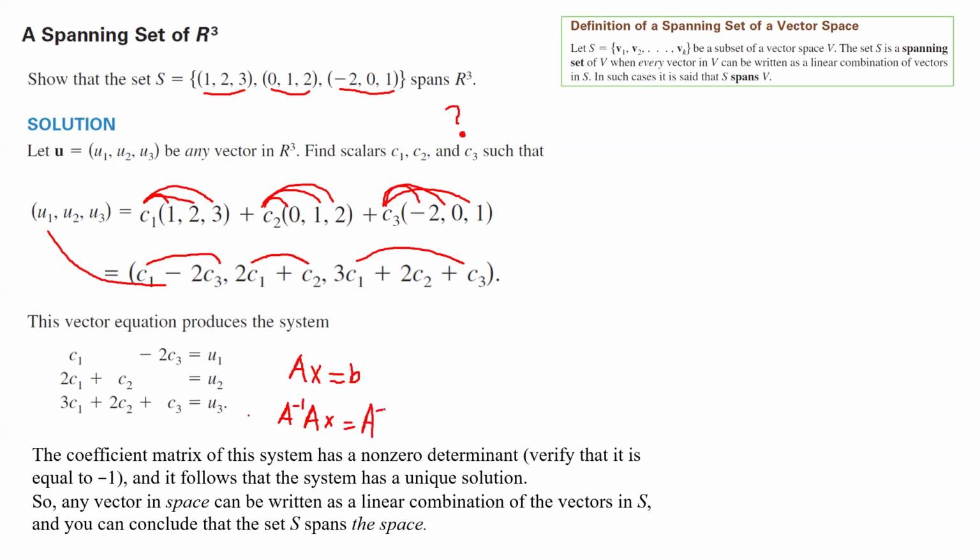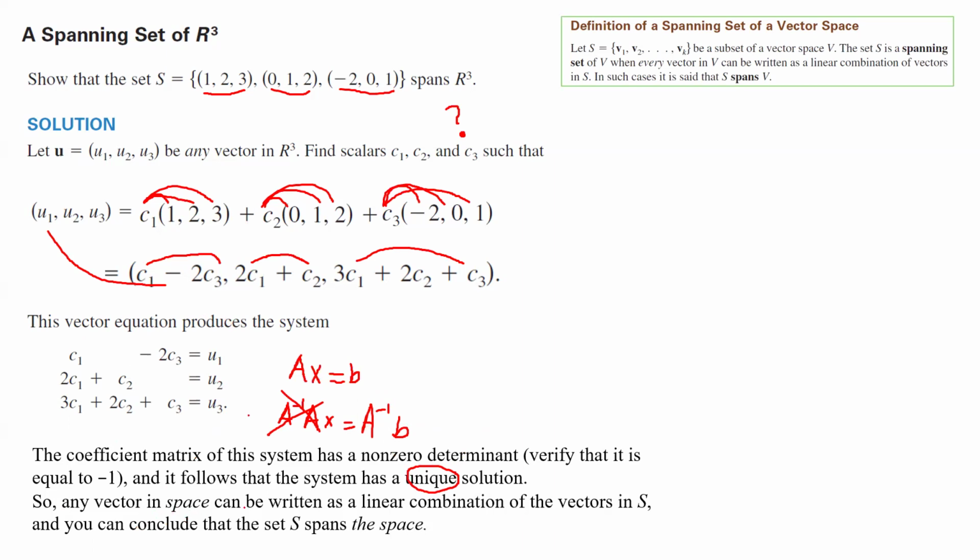A inverse times B, here we go. So we can get rid of this because the multiplication here gives the identity matrix. So that's how you end up with a unique solution, because the inverse of the coefficient matrix multiplied by B, which is U1, U2, U3, is basically the solution that you have.